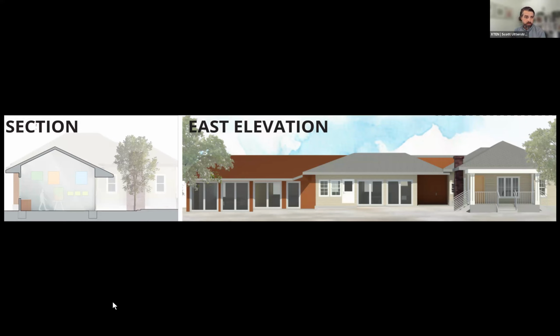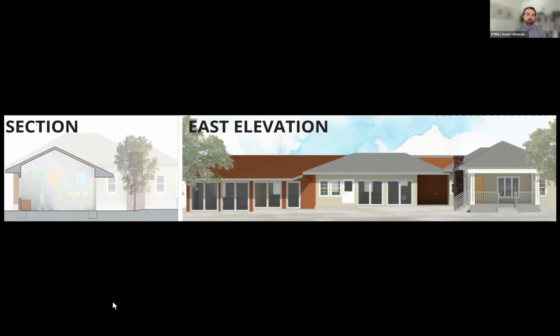The section shows one of the new artist studios, really opening up as much as possible towards the garden, getting lots of natural light, adding skylights. And I think this also is a portion of the project where it allowed the most opportunity to introduce some sustainable features.